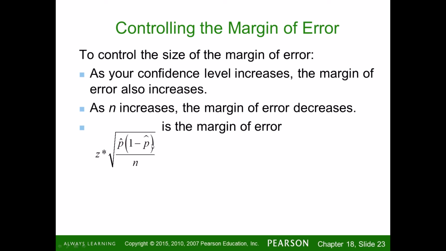So picture this fraction under the radical. If your sample size n increases and gets bigger and bigger, doesn't that make your fraction smaller? Then the root of it is smaller, and you multiply it by z star, and that becomes smaller than it might be if n hadn't grown that large. So if you pick a higher sample size, you're going to get a smaller margin of error.